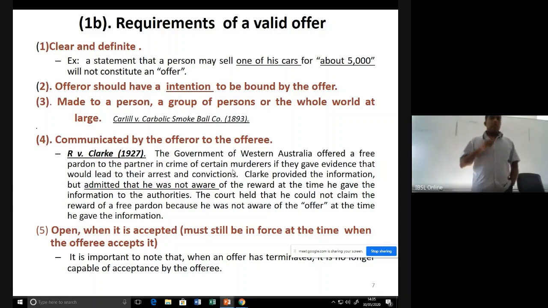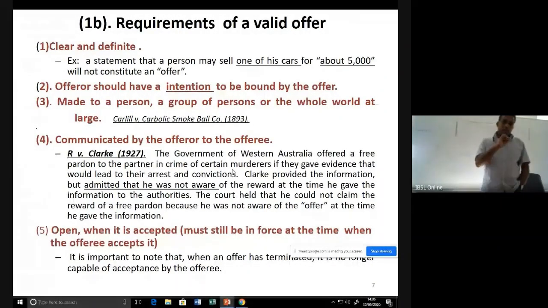So the question is, once you make an offer, is it valid forever? The answer is that the offer is not valid forever. The offer comes to an end. That's why point number 5 says that when you accept, the offer must be open, the offer must be in force.